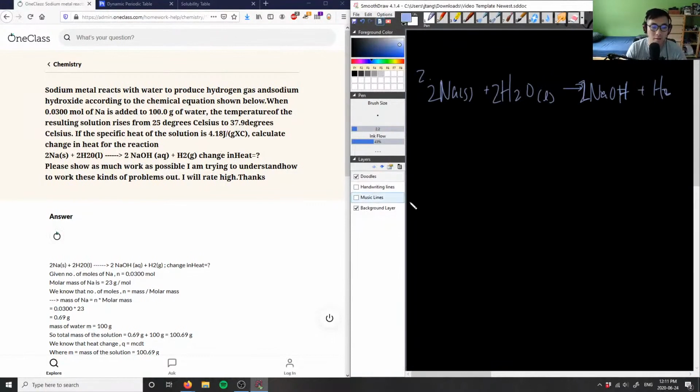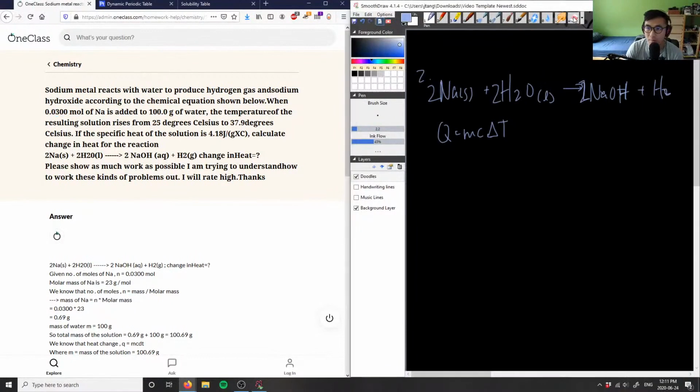We know that our equation for that is Q equals mc delta T. We're solving for Q, and we're given our mass, our specific heat capacity, and our delta T. So we want to figure out our mass first, and this is going to be the mass of our sodium in water, right?